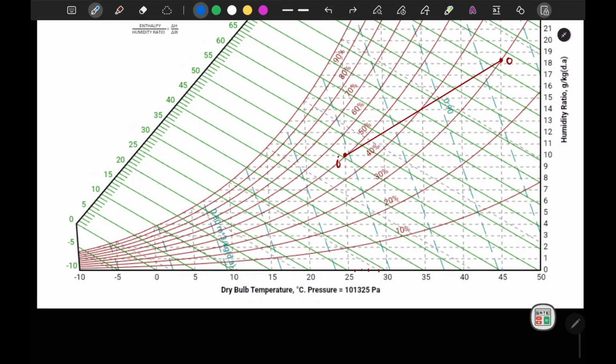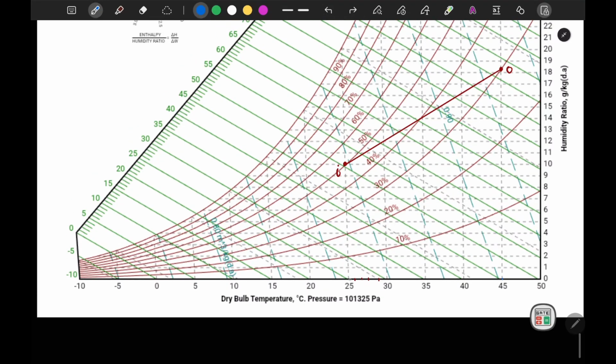After 25, there should be 2 more units, then it will reach 27. If this line corresponds to our inside condition, then on moving 2 steps, this should correspond to 27 degrees Celsius.